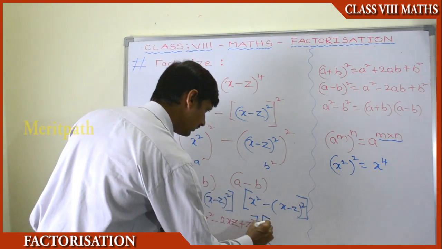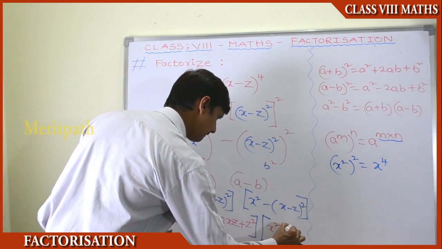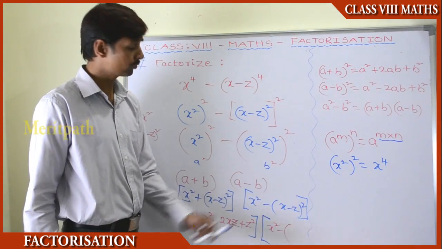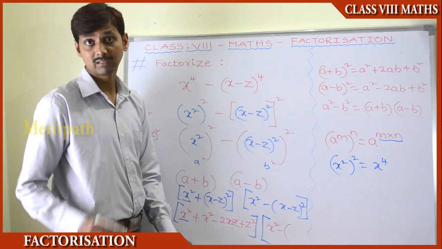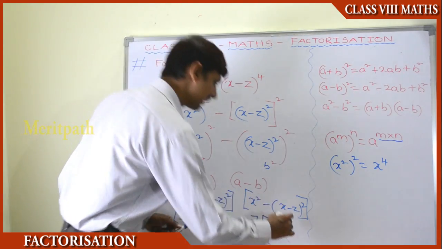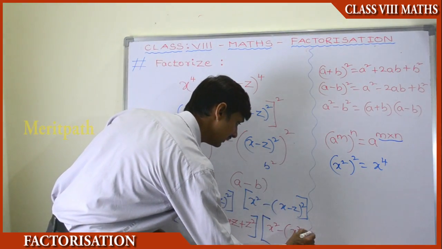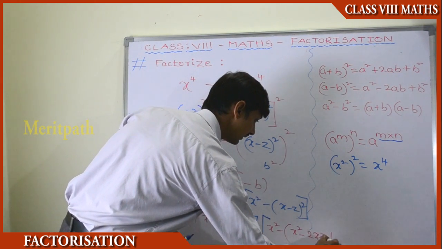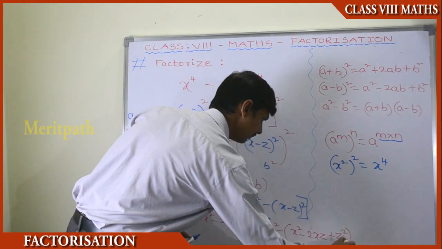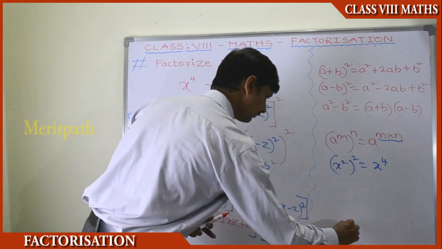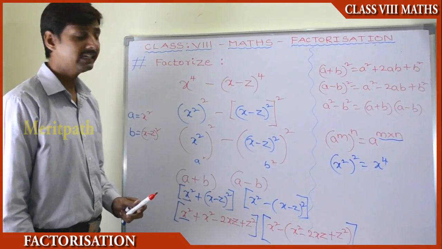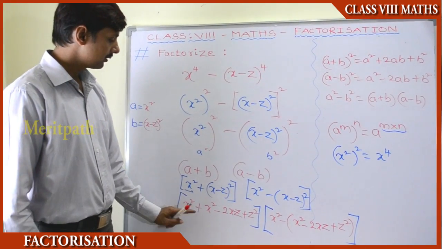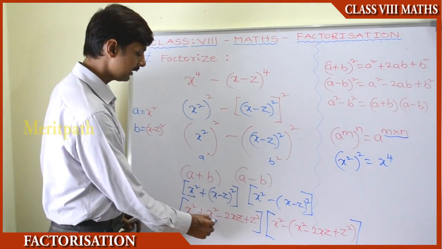So x square minus, here there is a minus value, so let's take the bracket and multiply the minus after. So x square minus 2xz plus z square. We close the bracket. So now we can identify here there are terms of x square and x square in this.